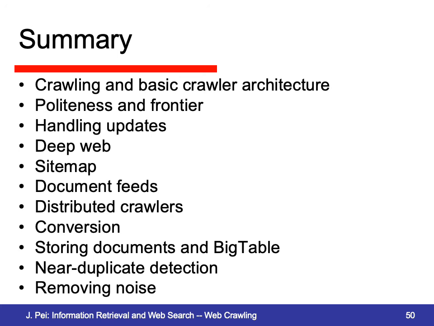And technically, we talked about how to detect near-duplicate documents using fingerprints, shingling, and also SimHash functions. And then last, we talked about how to remove noise. That's all for this lecture.